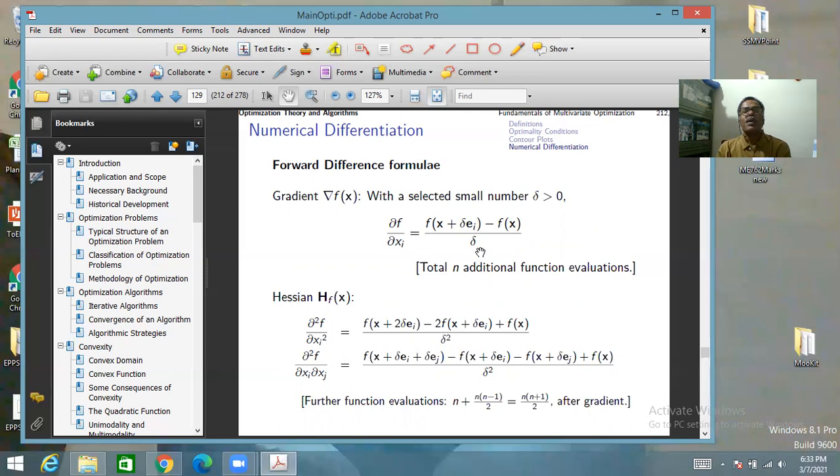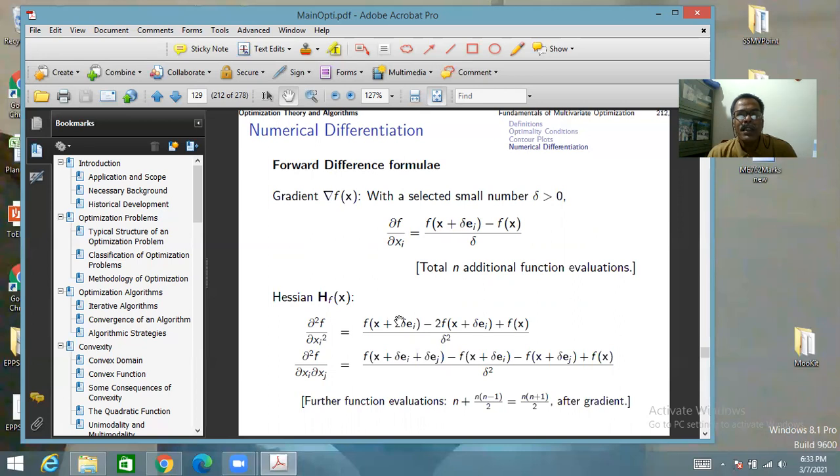So for estimating the gradient, you will need to do it n times for n directions. The function value at the current point you have already got. So n additional function evaluations you have to determine to get the gradient completely. This calculation is nothing. It is the function evaluation at the additional points which is the issue.